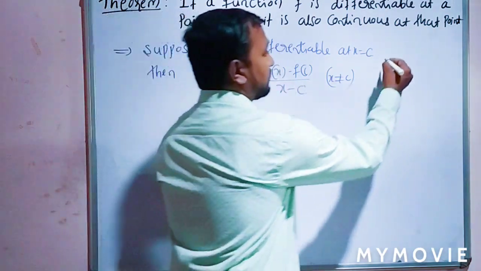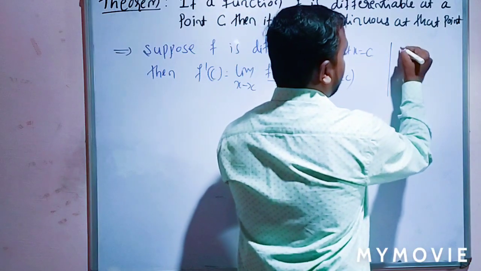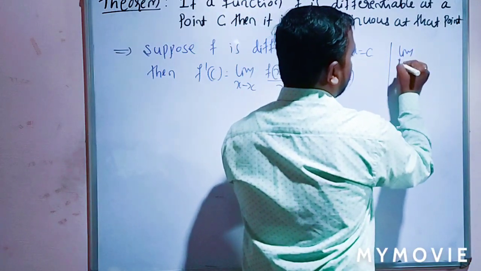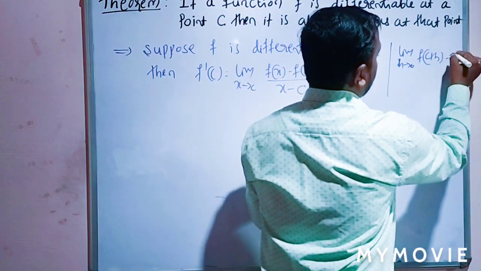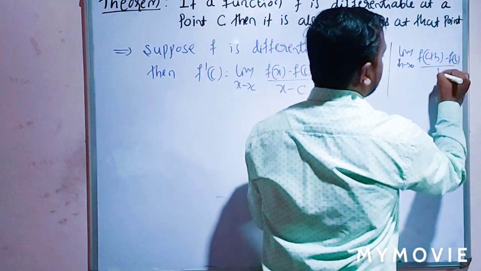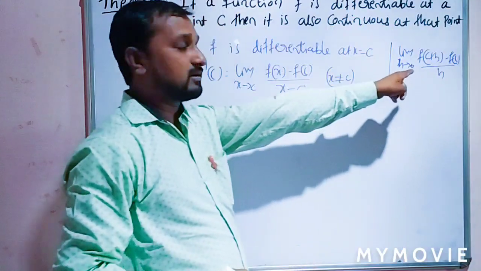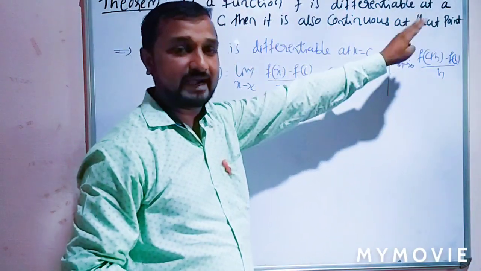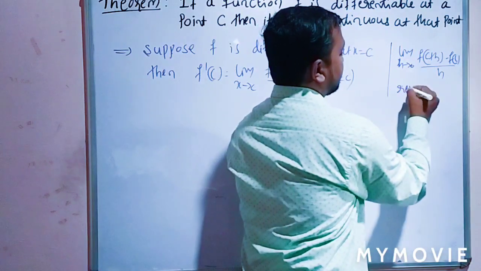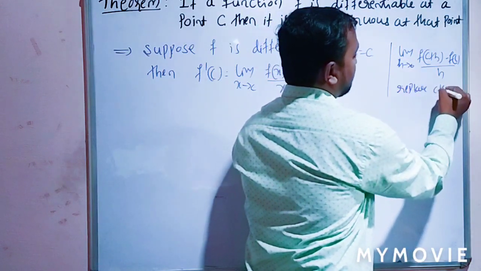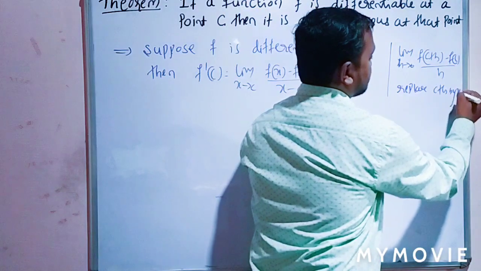So this definition arises from what we already know: limit of h tends to 0, f of c plus h minus f of c divided by h. This is our definition of the derivative of the function at x equal to c. So here in this function, replace c plus h by x.